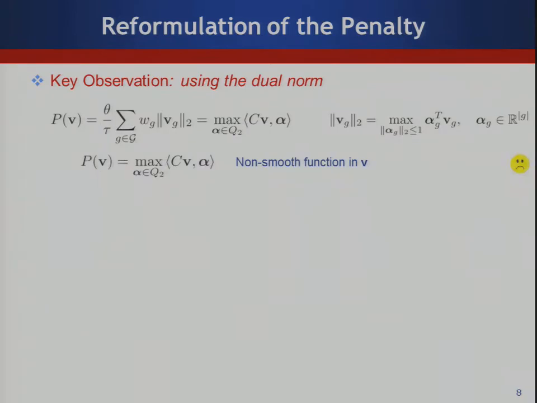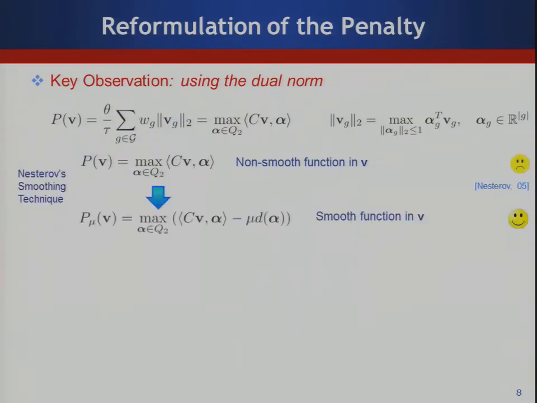Here we don't do any tricks. It's just a reformulation, so it's still a non-smooth function in v. And we apply the Nesterov smoothing technique. So we subtract mu d(alpha) here to turn this non-smooth function into a smooth one. Mu here is a smoothing parameter, and d(alpha) in principle can be any positive strongly convex function.